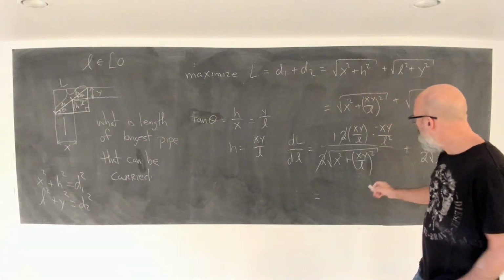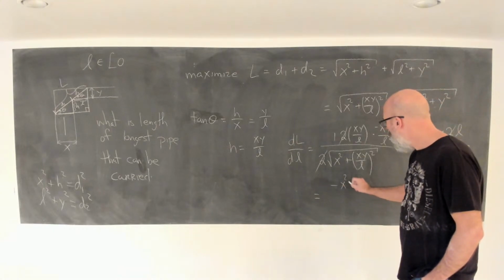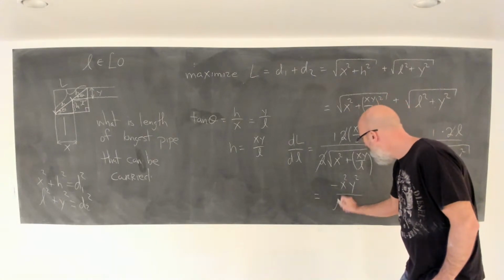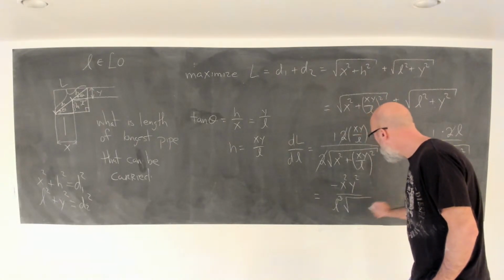So this is negative x squared y squared over L cubed square root.